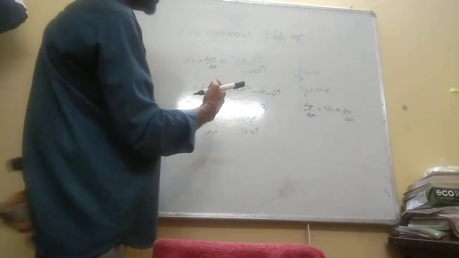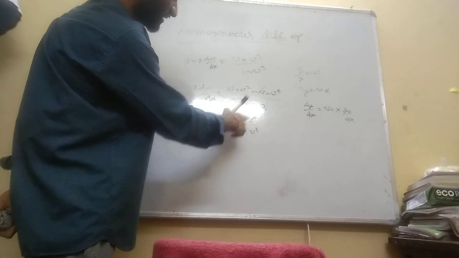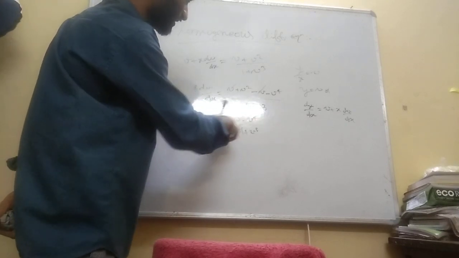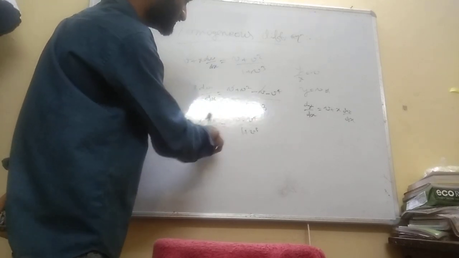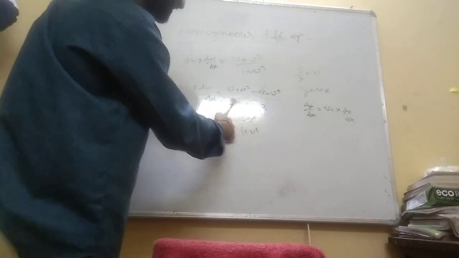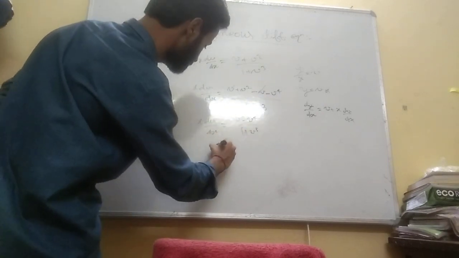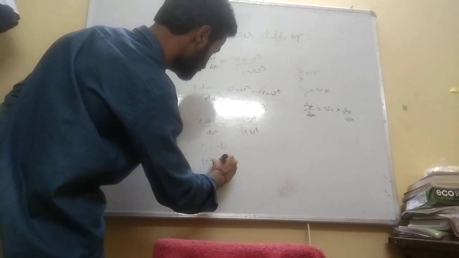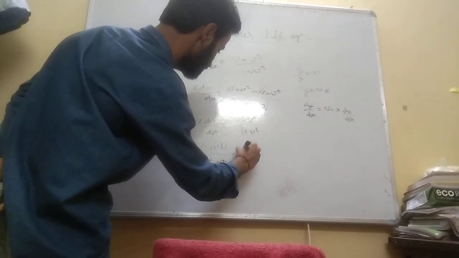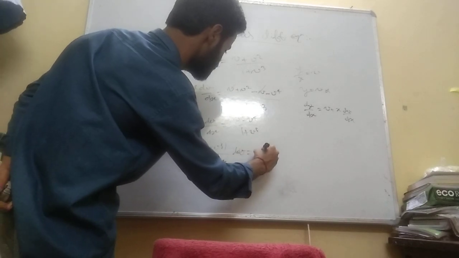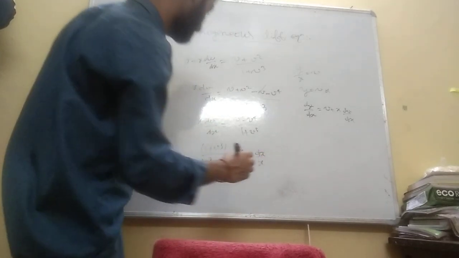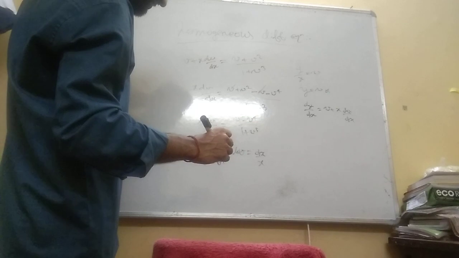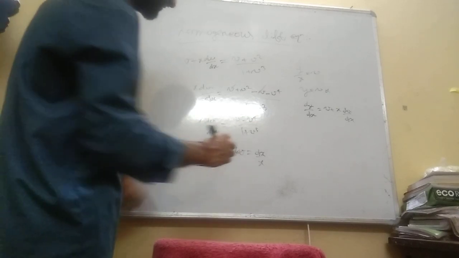And now we can use variable separation here. So terms of v come with dv and dx will go to that side, or you can just put it on this side, no problem. So (1 plus v cube) upon (v square minus v to the power 4) dv is equal to dx by x. Now we have to solve this one.